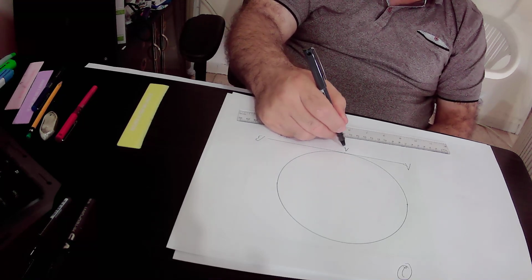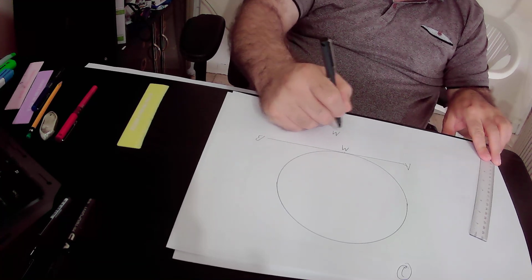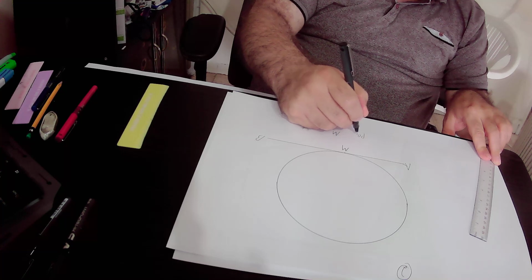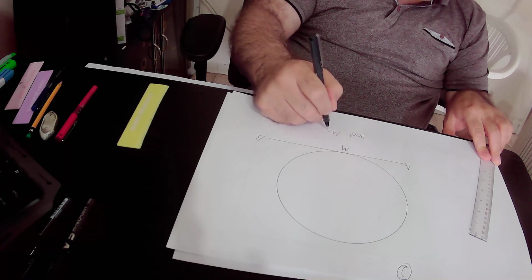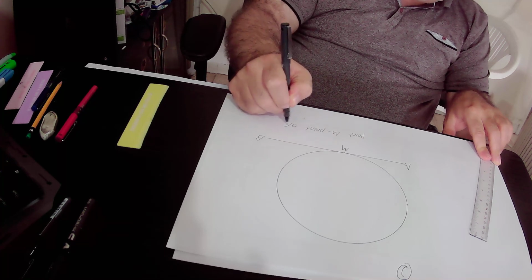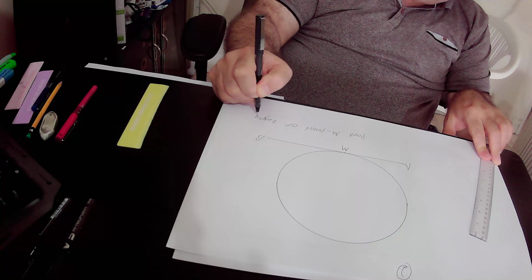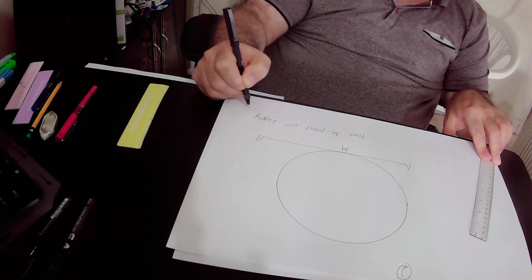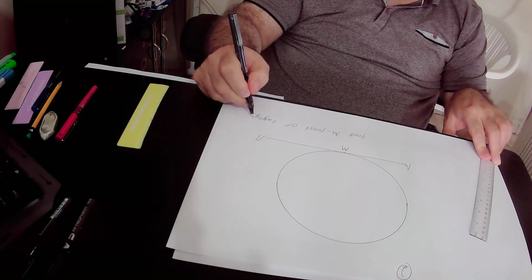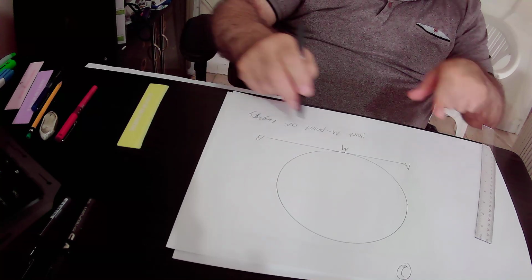Point M is the point of tangency of tangent AB with this circle.